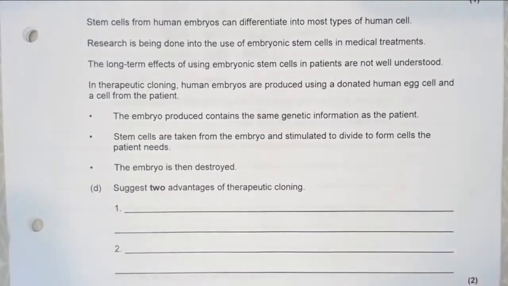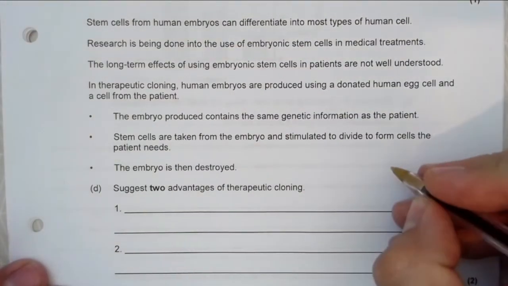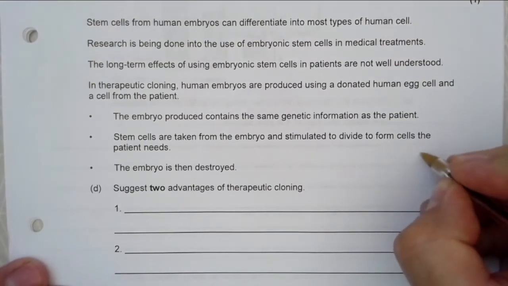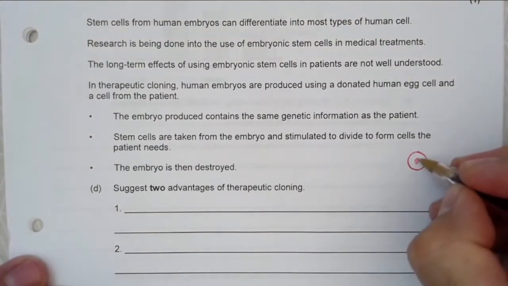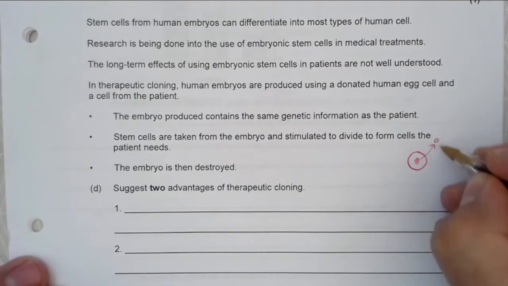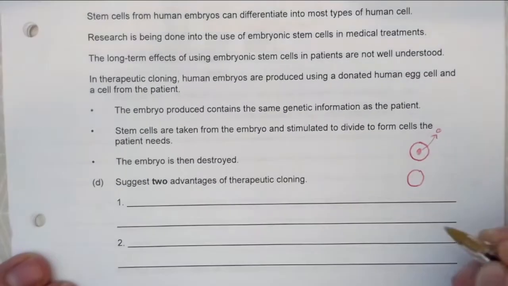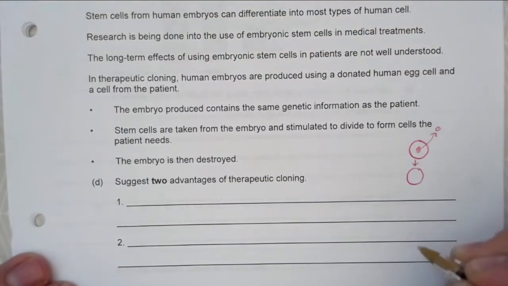The final part of question 1 looks at therapeutic cloning, and I'll try and explain this a little bit with a diagram on here. So in therapeutic cloning, you will take an egg cell from a donor, so somebody has to donate their egg cells. You will remove the nucleus, so you end up with an egg cell with no nucleus in.